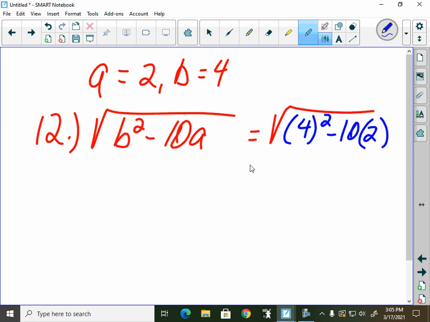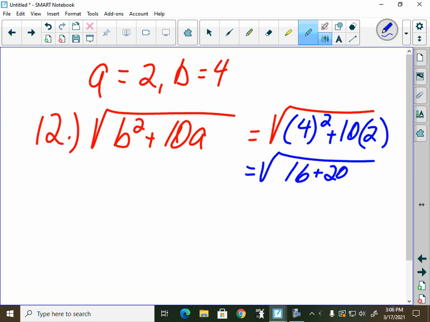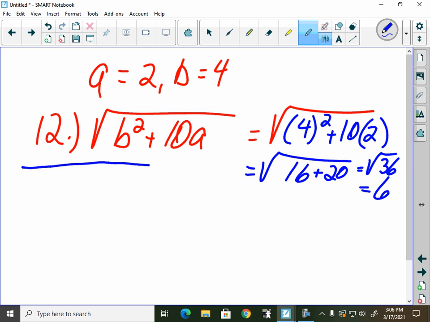So then that's going to be the square root of 16 minus... oh, did I miss something? Oh, it's a plus. B squared plus 10. That changes things. I was looking at the problem thinking, this isn't going to work. 16 plus 20, but that's the square root of 36. And the square root of 36 is 6. Drawing a line.